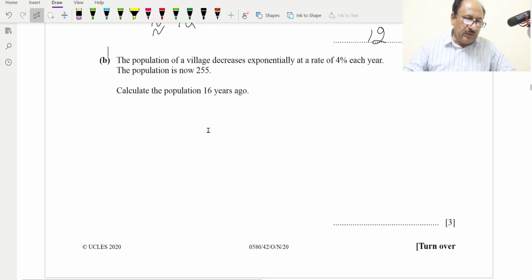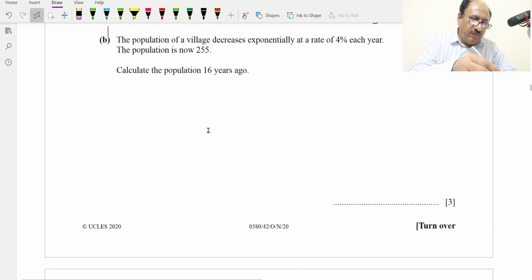Now B part: the population of a village decreases exponentially at a rate of 4% each year. Population is now 255. Calculate the population 16 years ago.